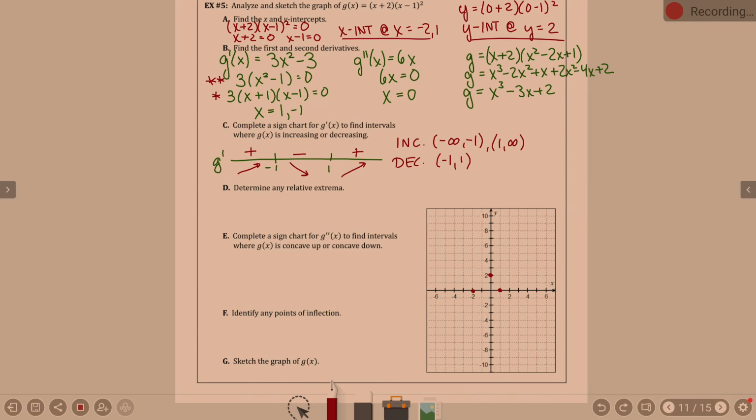Okay. Is this saying it's going to be on the negative side of the graph, or is it saying this is what the slope is doing? Increasing, decreasing is what the slope is doing. Because our derivative was positive, negative, positive, our original graph is going to be increasing, decreasing, increasing.